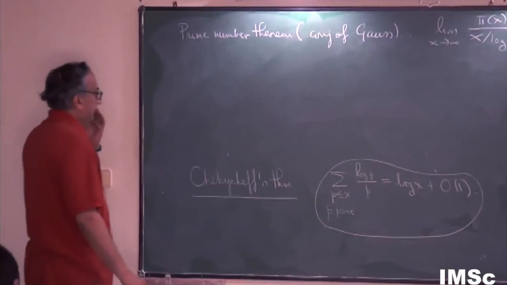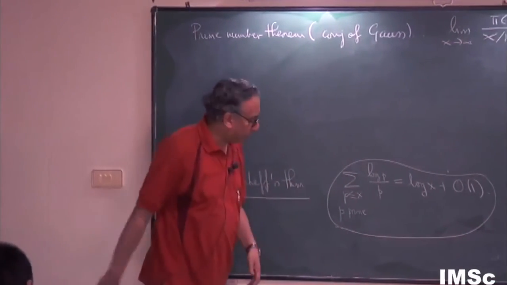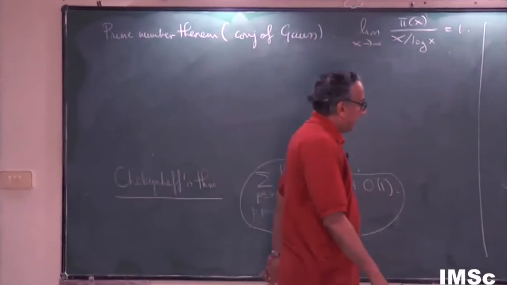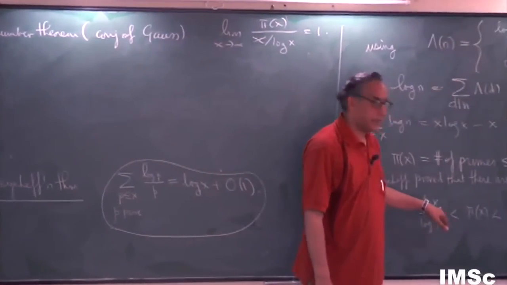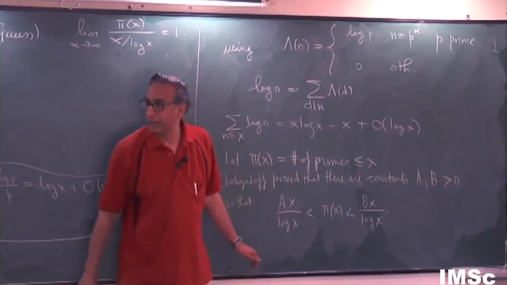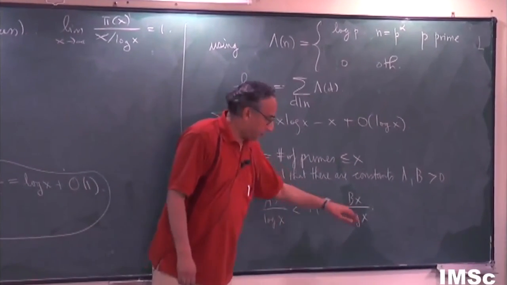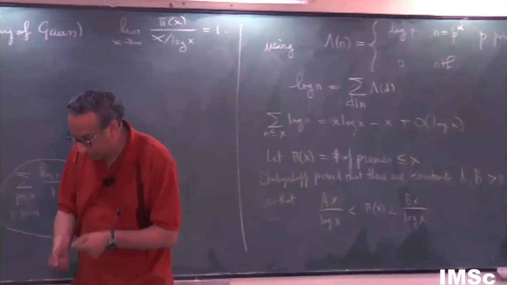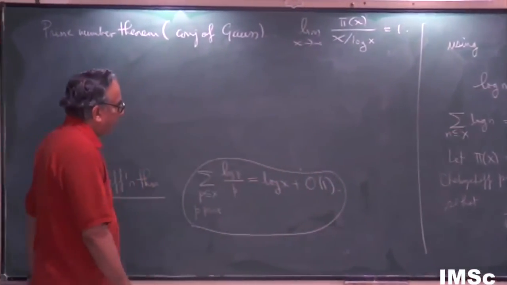Now Chebycheff, because he tried very hard to prove this theorem, was trying to refine the constants in a succession of papers. He was trying to show better and better constants. He was getting awfully close to 1, but he wasn't quite there.